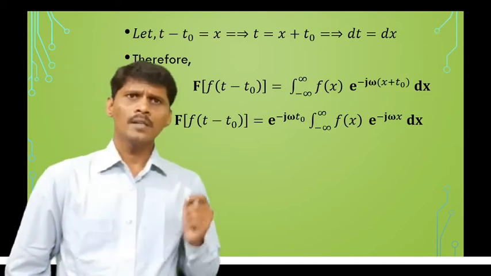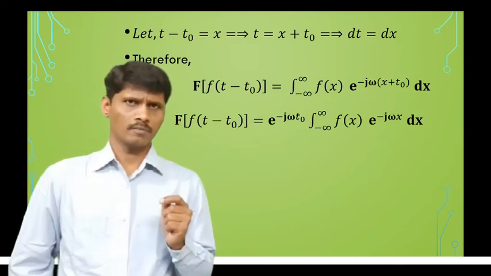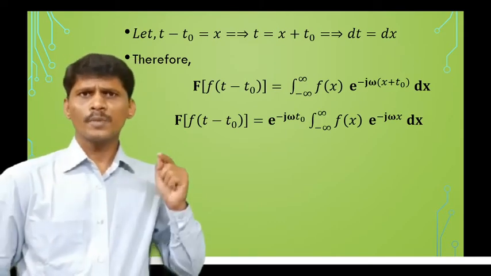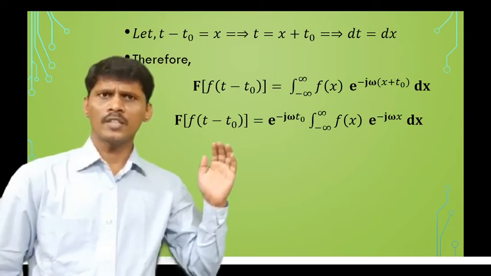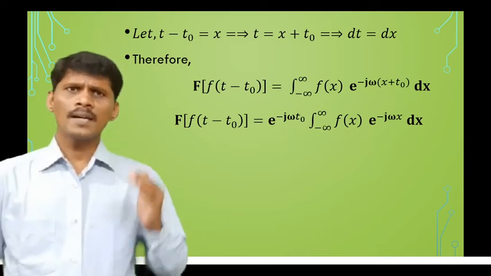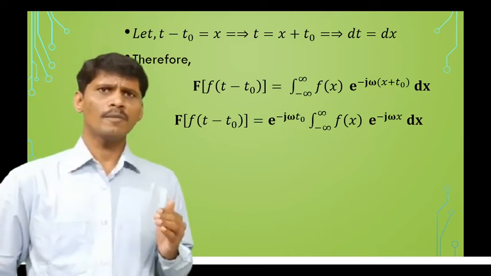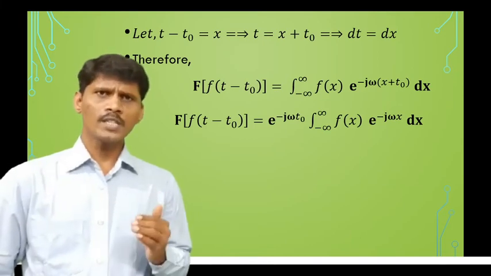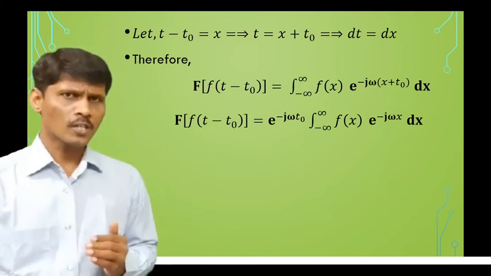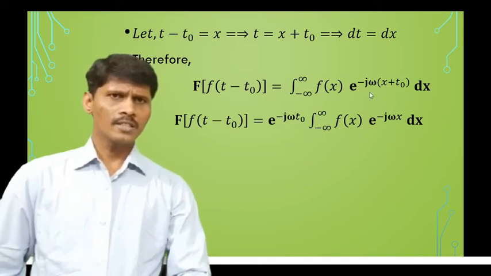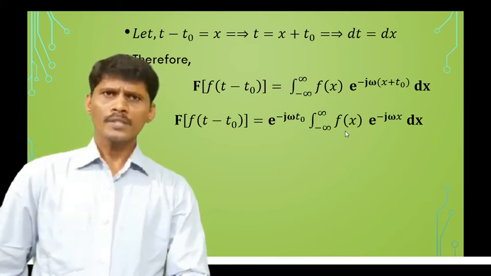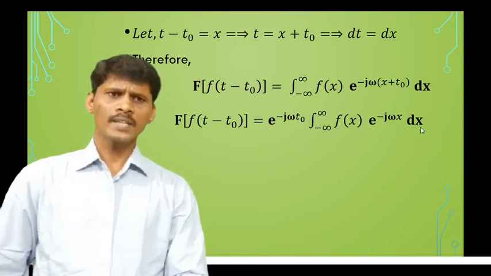Now using the definition of the Fourier transform: the Fourier transform of f of t is F of omega, equal to the integral from minus infinity to infinity of f of t into e power minus j omega t dt. Using this definition, what is the integral term on the right-hand side, the integral from minus infinity to infinity of f of x into e power minus j omega x dx?